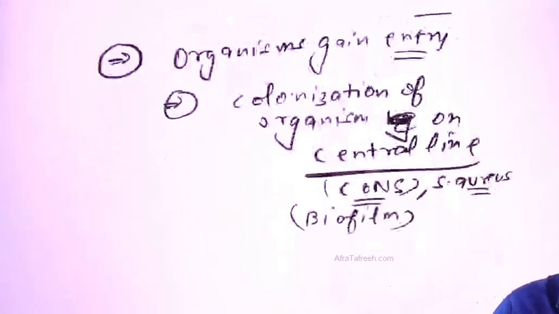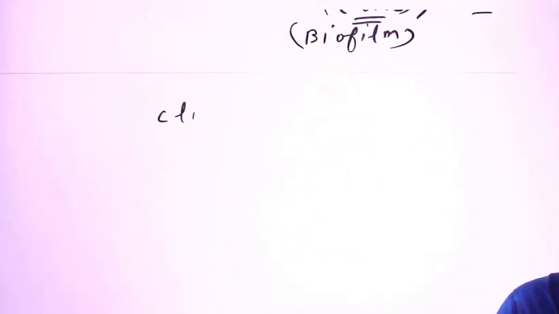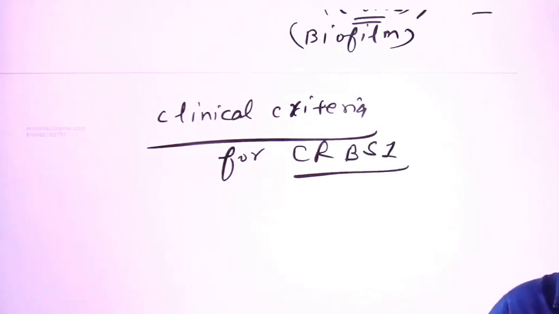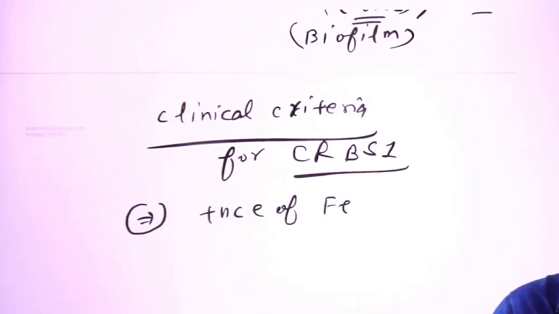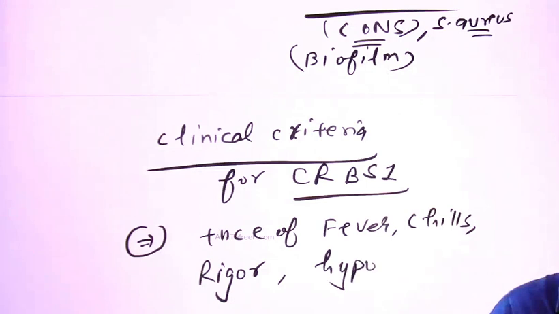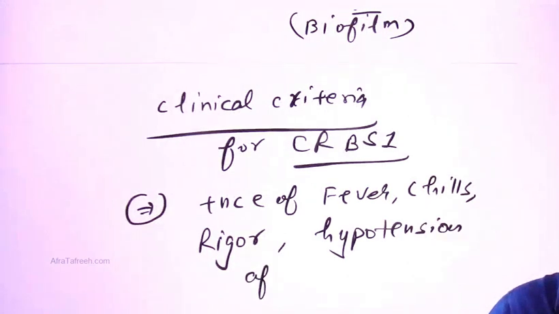Fine. Now if somebody asks you what is the clinical criteria for this catheter related bloodstream infection? The criteria is the presence of fever, chills and rigors along with hypotension after the central line is used.